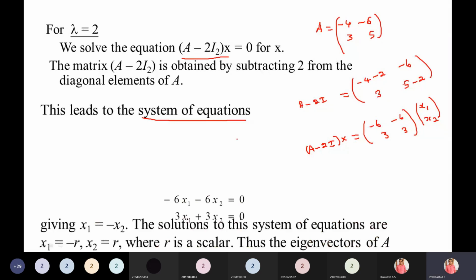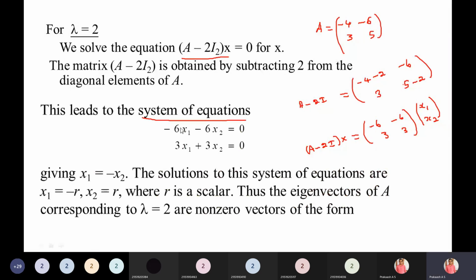From this matrix equation, we get these algebraic equations. Multiplying row into column, minus 6x1 minus 6x2 equal to 0. We are equating this matrix equation to 0. Similarly, row 2 into column gives 3x1 plus 3x2 equal to 0. So the second equation we also got.